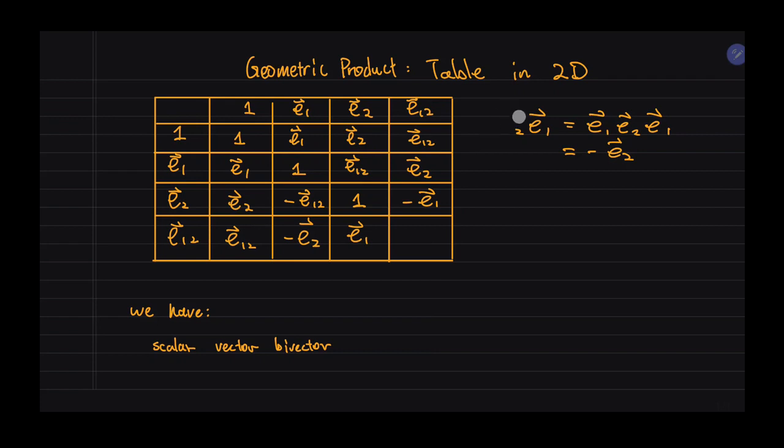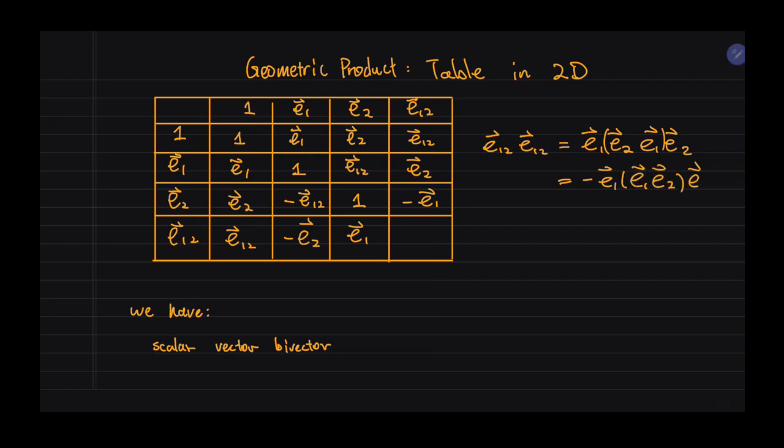And E12 E12 will be E1 E2 E1 E2. And if we switch the order in this parenthesis, we get minus E1 E1 E2 E2.